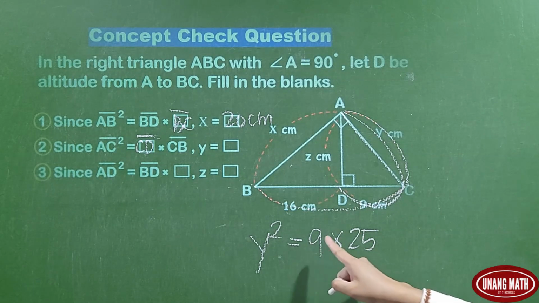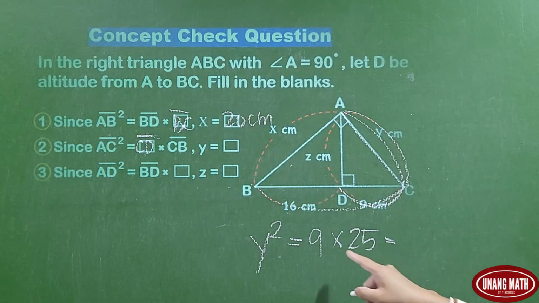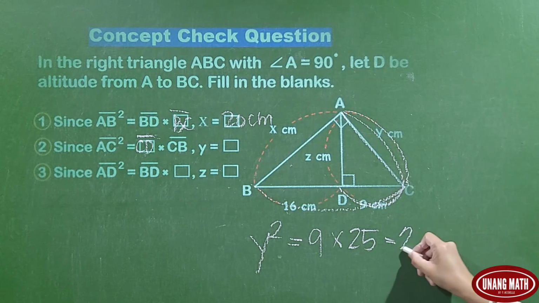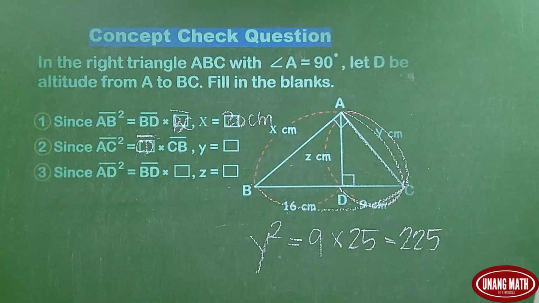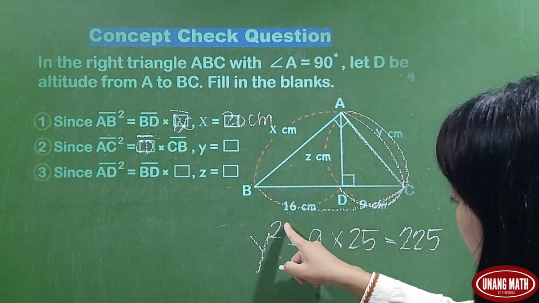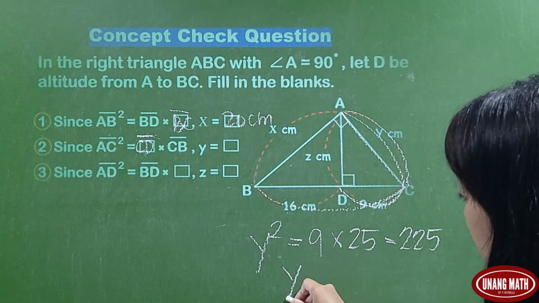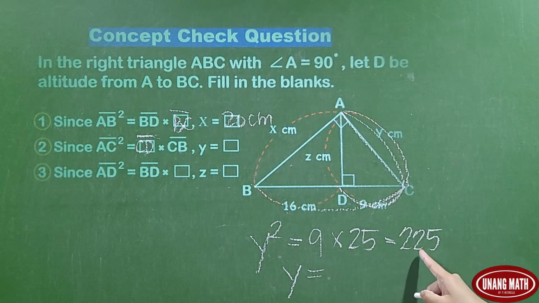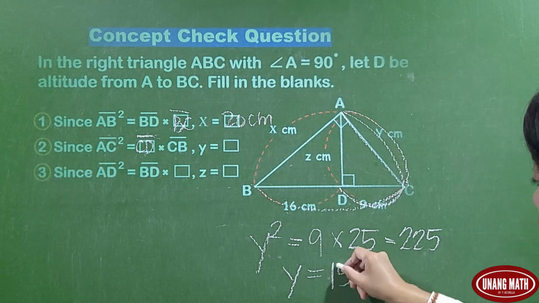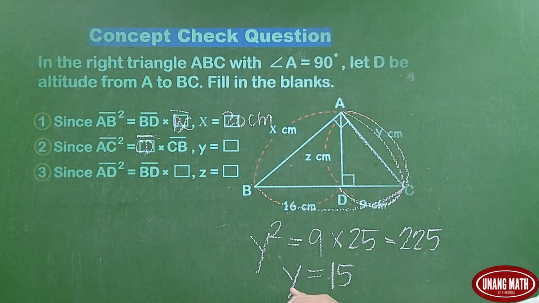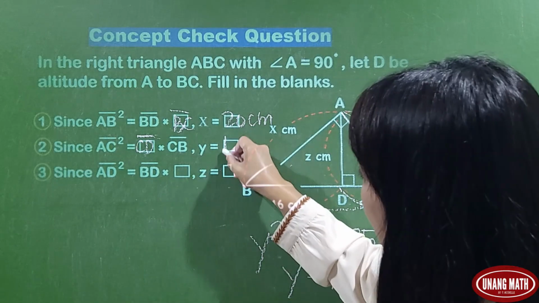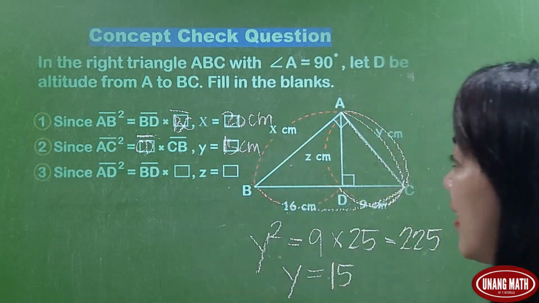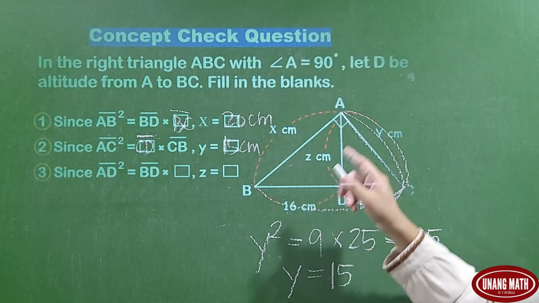So 9 times 25 is equal to 225. So y squared is equal to 225. So that means y is equal to the square root of 225, which is 15. So y here is 15 centimeters.